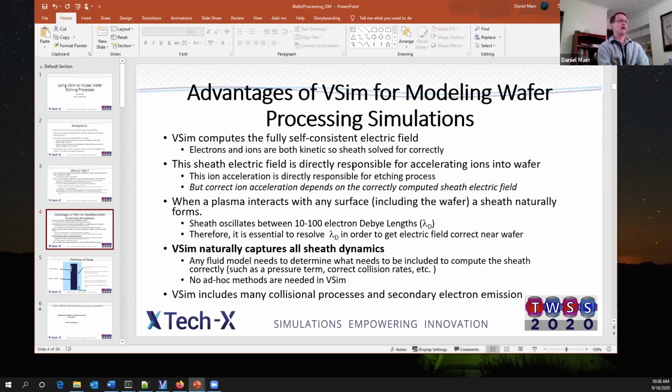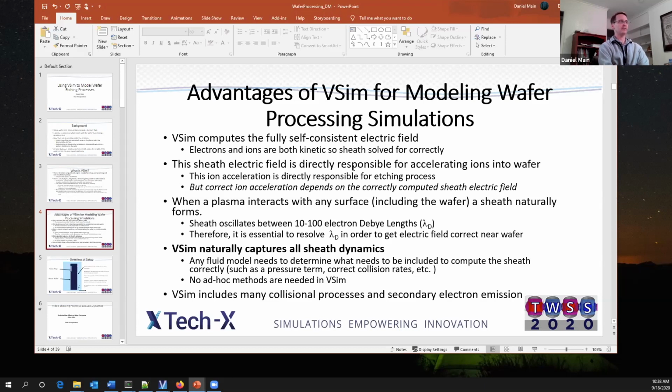Then this fourth bullet point is really hitting the nail on the head, because VSim captures all of these sheath dynamics naturally. A PIC code just does this. You don't have to do anything. It just gets it already. So there are no ad hoc methods needed, which would be needed in any fluid code.